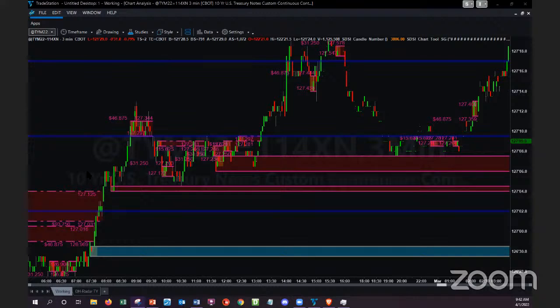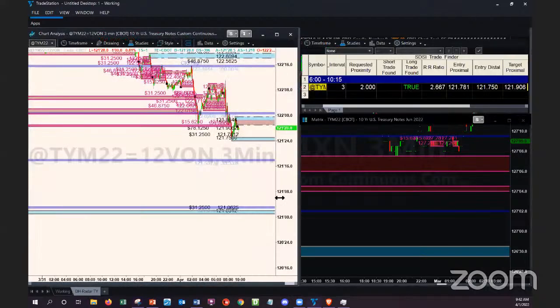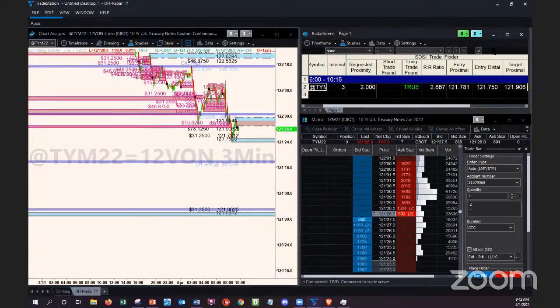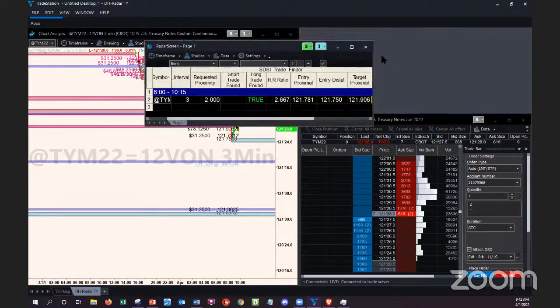That's another way that you can make sure that you're trading the correct contract. Such as what we have over here. Exactly. I actually have volume on this. It's just way over to the other side because I do that.